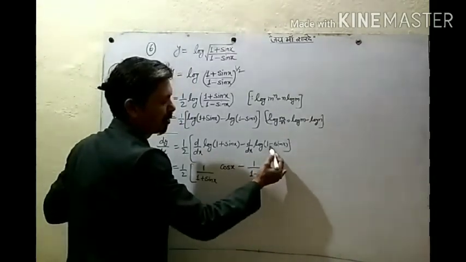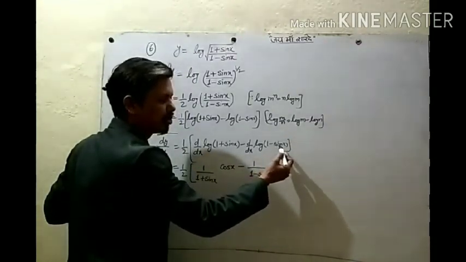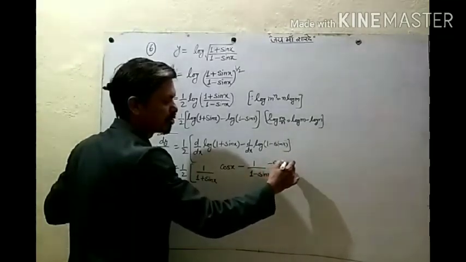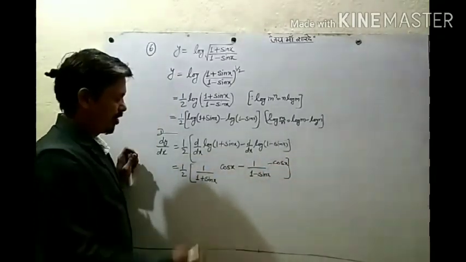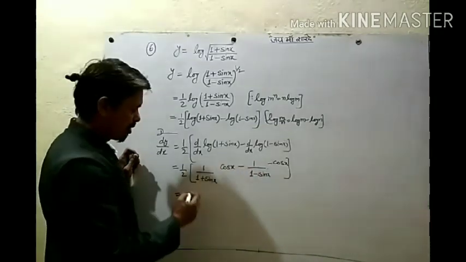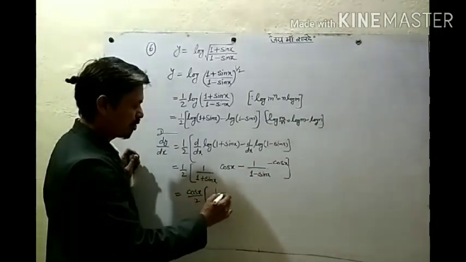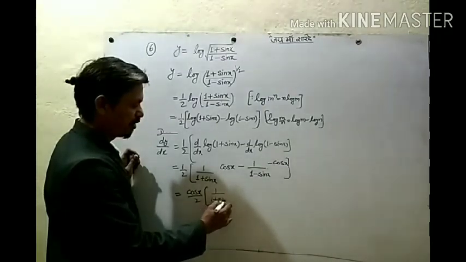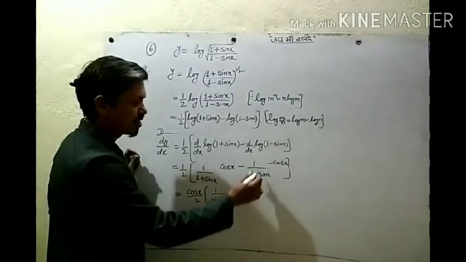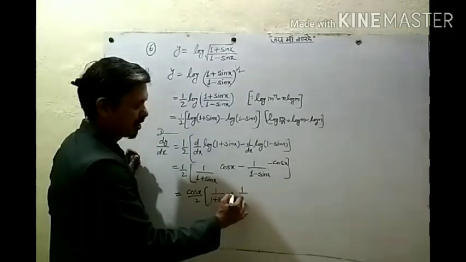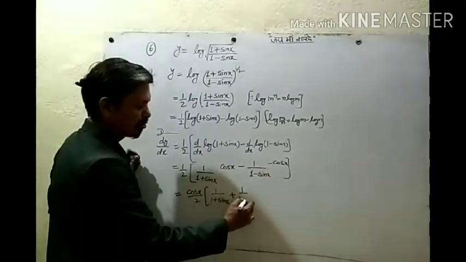And the derivative of 1 minus sin x again: 1's derivative will be 0, sin's derivative will be cos. Okay, so from this we can take cos common. We get cos x by 2 into 1 upon 1 plus sin x plus 1 upon 1 minus sin x.